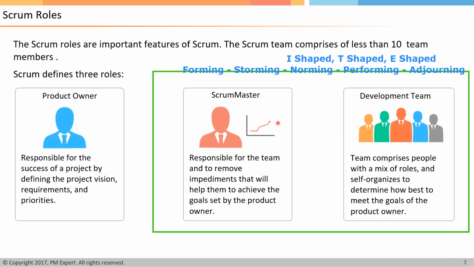For example, you saw various events within the sprint, like sprint planning, daily stand-ups, sprint review, and retrospective. How these events should be properly conducted, the Scrum Master can coach the team. For example, the daily stand-up meeting is time boxed to 15 minutes.